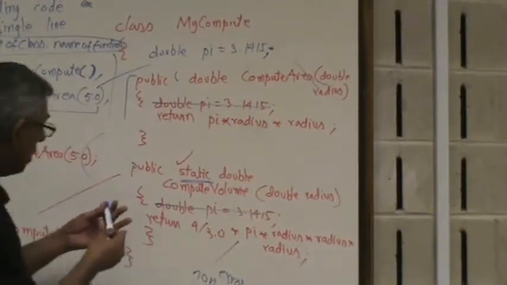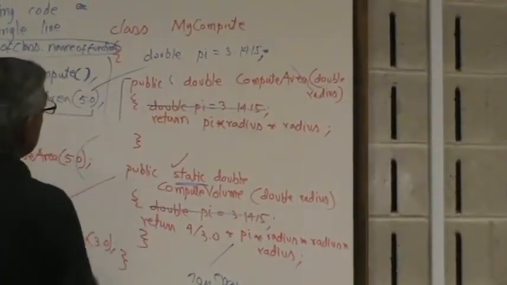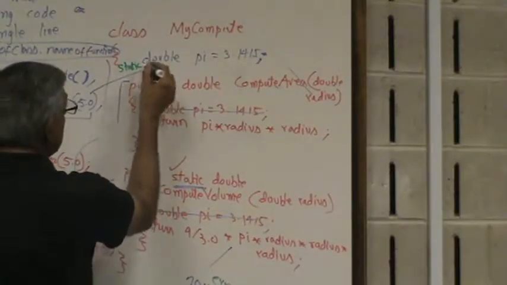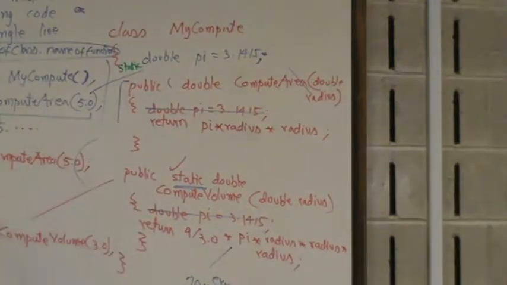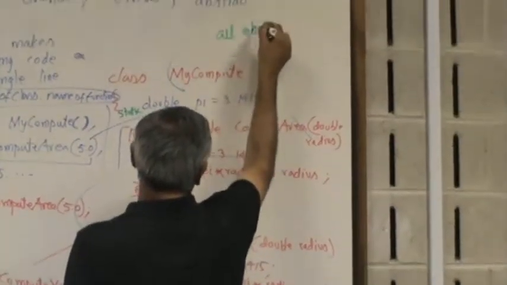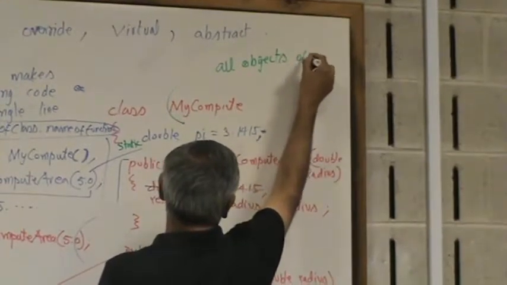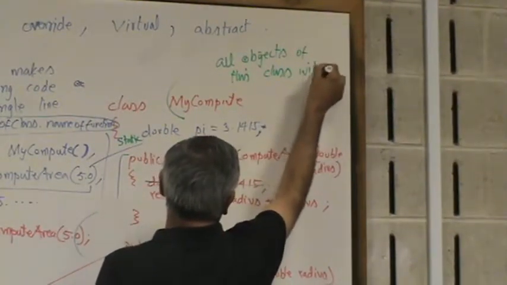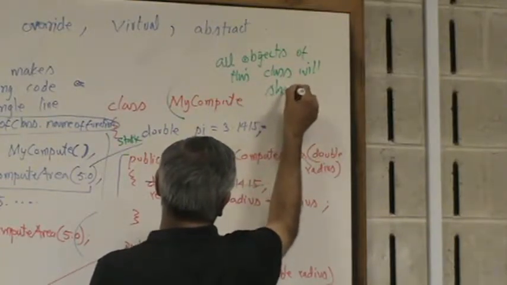So we'll go over here and add the keyword static to the variable. Once we add the keyword static to a variable, think of it this way: all objects of this class will share this variable.